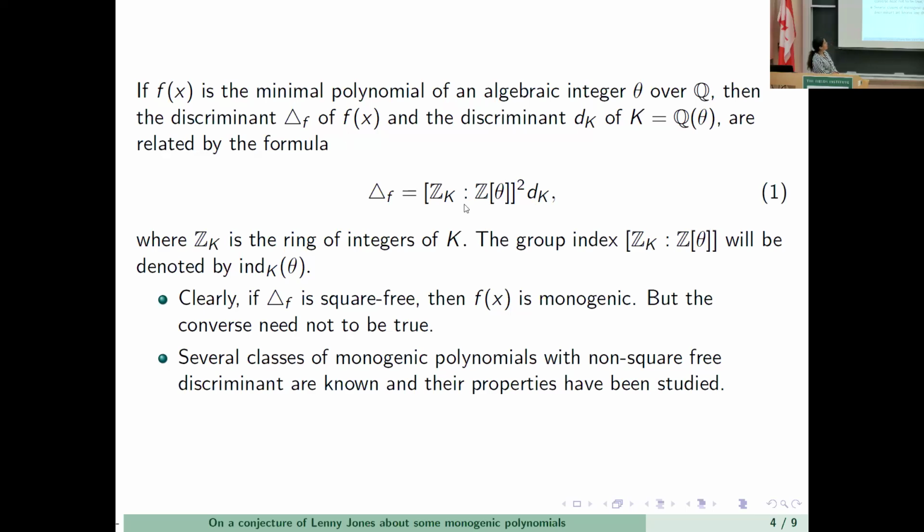If this index is 1, then we say that our field is monogenic. From this equation, we can easily see that if the discriminant of the polynomial is square-free, then the field will be monogenic. But the converse is not true. There are many polynomials where the discriminant is not square-free, but they are monogenic.